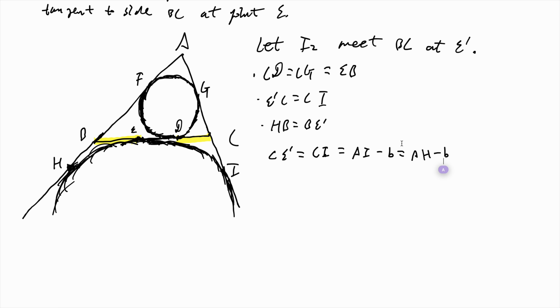Oh, sorry, you're looking at CE prime, right? CE prime, what is CE prime? CE prime is also equal to, yeah, CI, of course. CE prime is equal to BC minus BE prime.